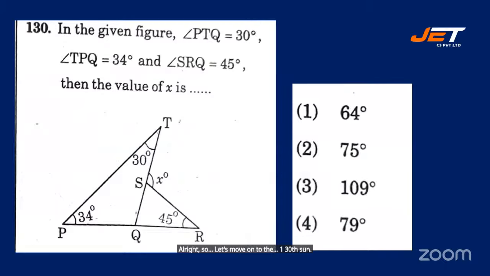In the given figure, angle PTQ is 30 degree. Next, I have TPQ, that is this, TPQ is 34. Next, I have SRQ as 45.